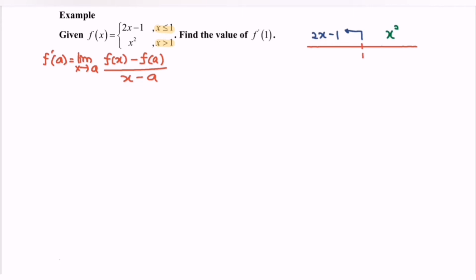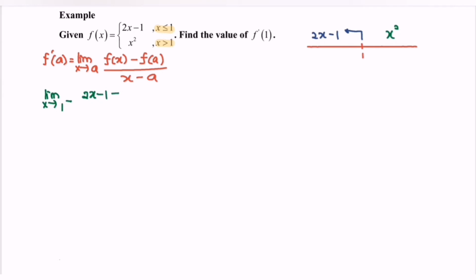Find the value of f prime 1. So the limit when x approaches 1 from the left, the function f(x) would be 2x minus 1 minus f(1).